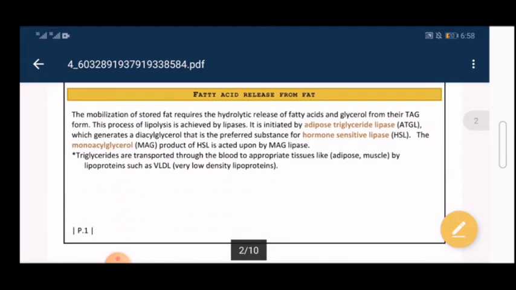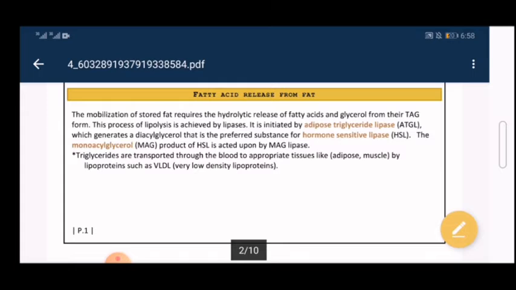Here is what we have discussed now. The process of lipolysis is achieved by lipases. The first lipase is adipose triglyceride lipase, where we get DAG out of the TAG.